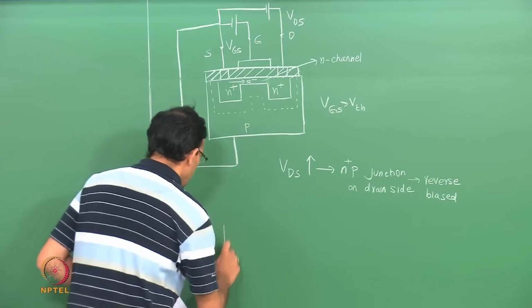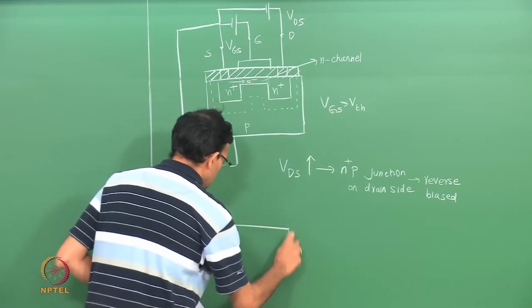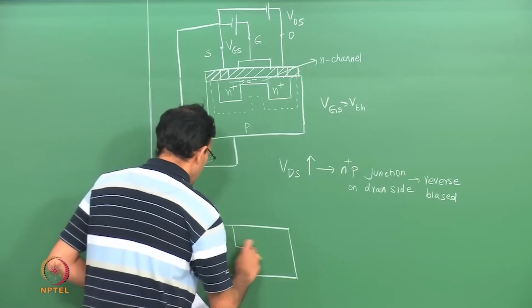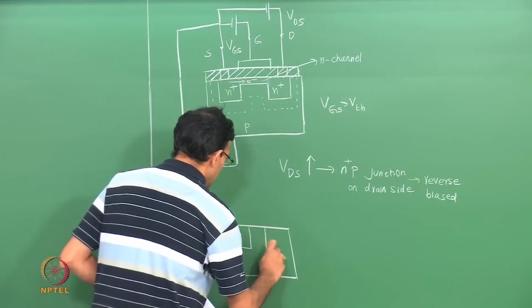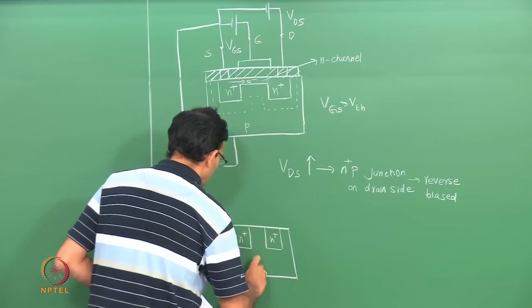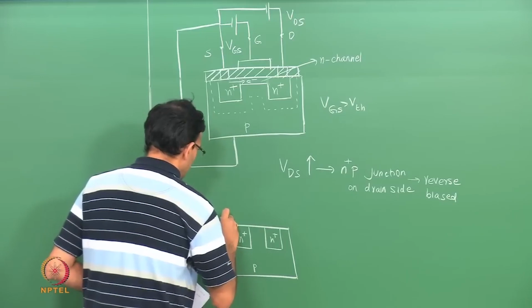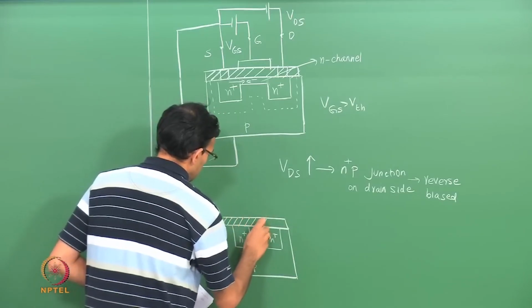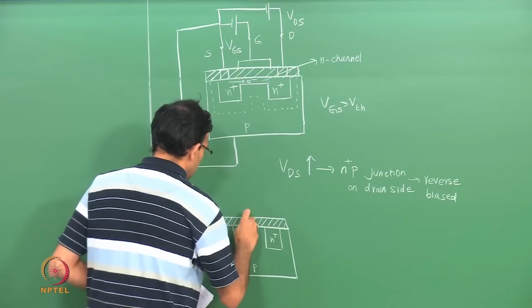If you were to draw that, again I have my two N plus regions, I have my bulk P, my oxide layer and my gate.